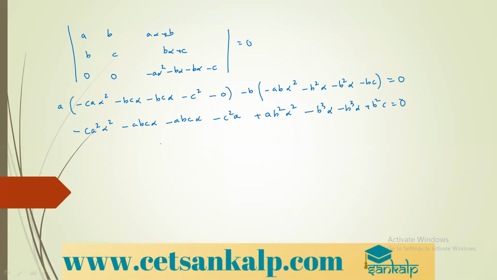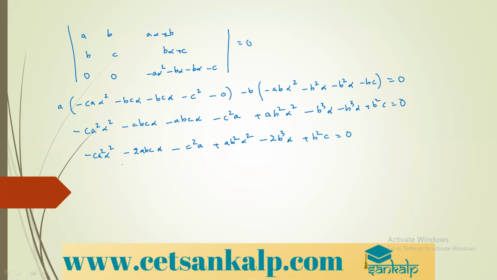So I can simplify this further. Minus ca square alpha square minus 2abc alpha minus c square a plus ab square alpha square plus 2b cube alpha plus b square c equal to 0. I will take ac common from a few terms.